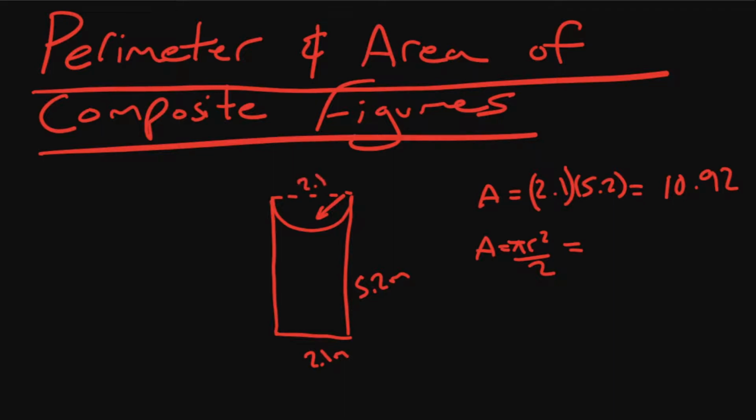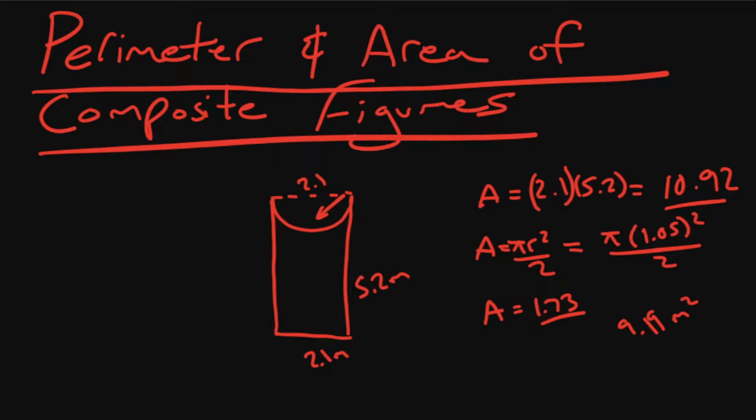We see that on the other side, but the diameter is twice the radius, so we're going to use pi times the radius, which is half of that. And that is going to give us 1.73-ish. So if you take the area of the rectangle and subtract it by that, we're left with about 9.19 meters squared. 9.2 if you round to 1.